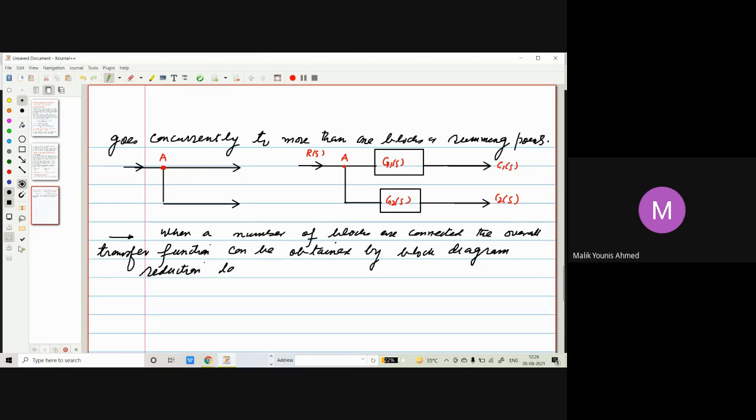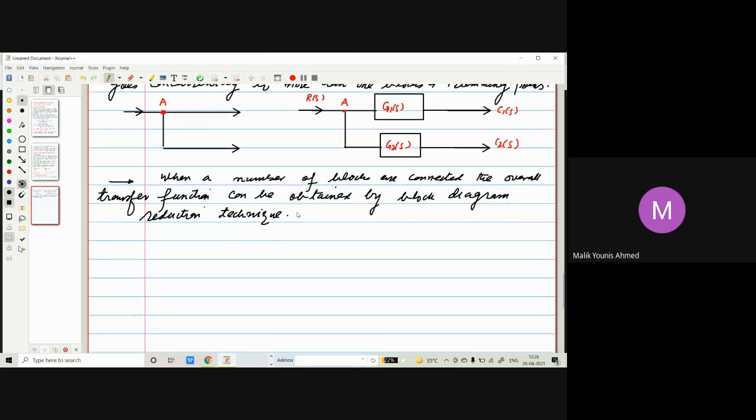So you have to reduce the block diagrams and get the overall transfer function.